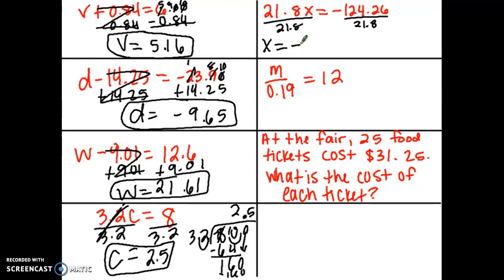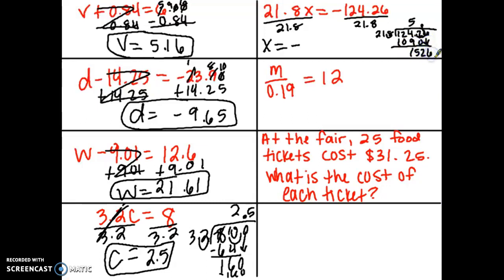When I have 124 and 26 hundredths divided by 21 and 8 tenths, I put the bottom number on the outside. 21 and 8 tenths is going into 124 and 26 hundredths. Move your decimal and bring it up. 218 will go into 1,242 5 times, and that is 1,090. 1,242 minus 1,090 leaves me with 152.